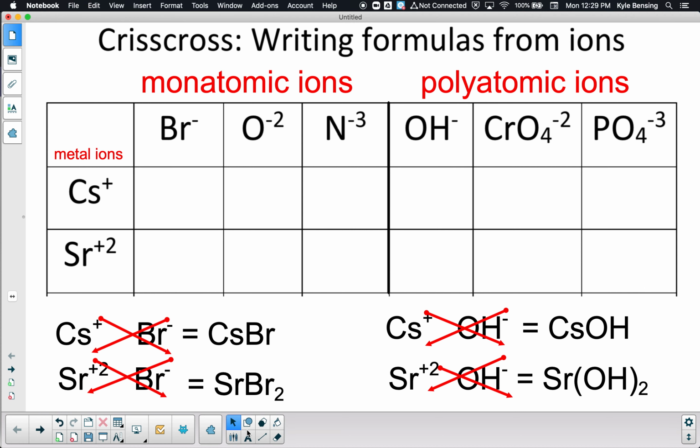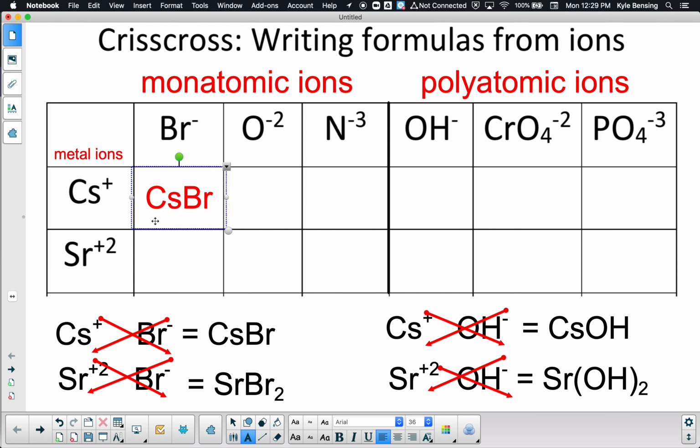So to answer this correctly up here, all I'd have to do is honestly just type in capital C, lowercase s, capital B, lowercase r. It's very important that we get the capitals for the first letter and lowercase for the second letter always, if there is a second letter. Otherwise, it's going to look very confusing when we come over to the polyatomic ions.